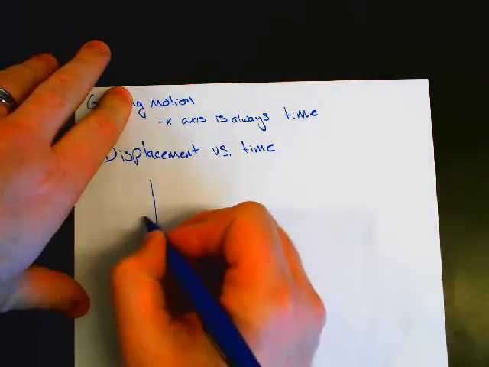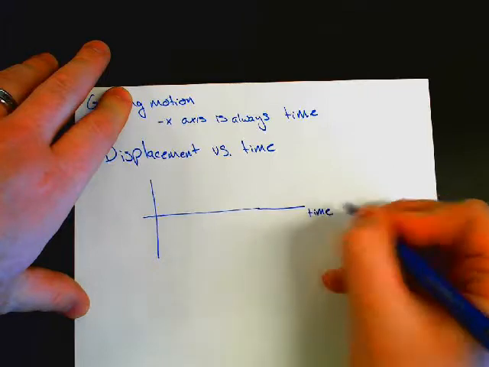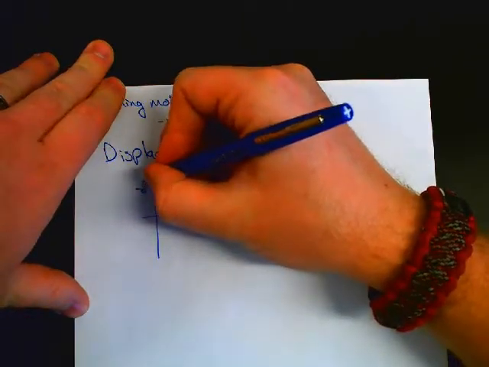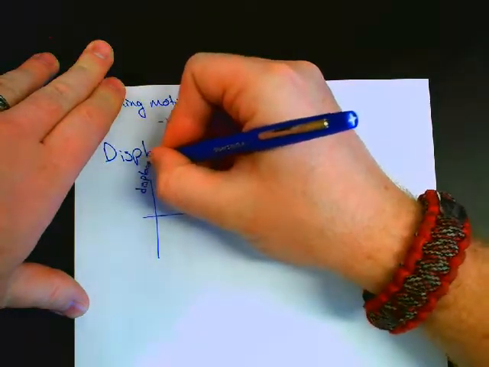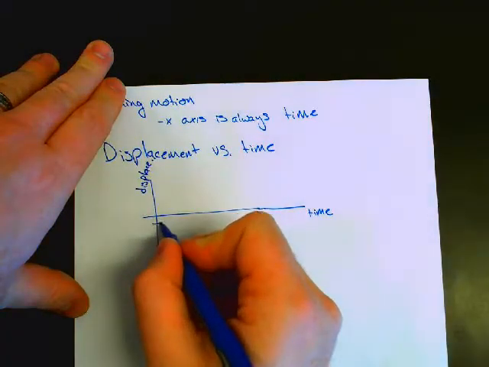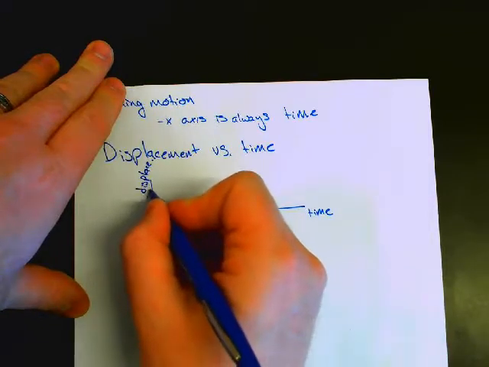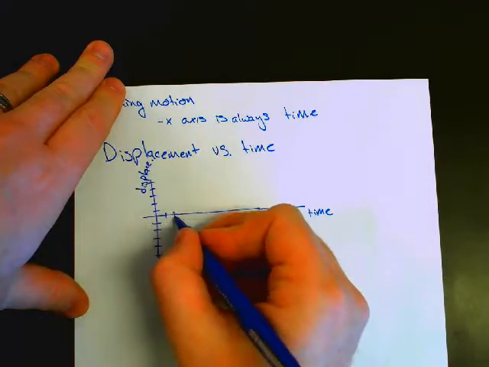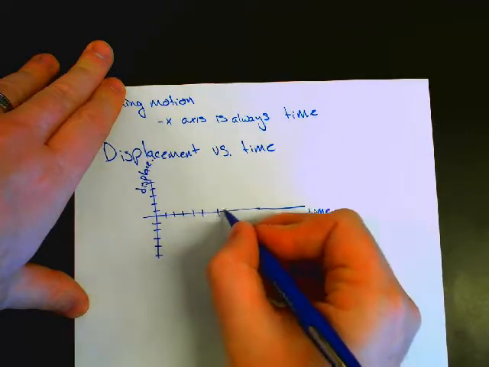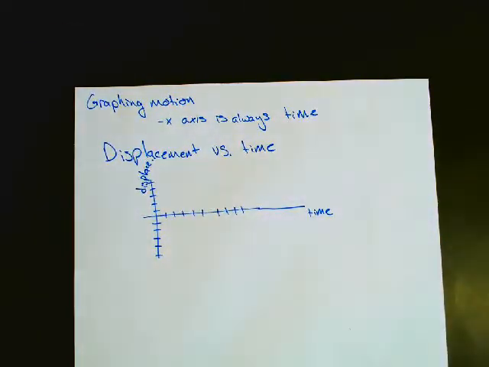So when I set up my graph, I've of course got time on the x-axis, displacement on the y-axis, and I need to show that my y-axis can be negative. I'm just going to put some marks here to show roughly equal amounts of displacement and time. Don't tell your math teachers that we're just kind of eyeballing it.